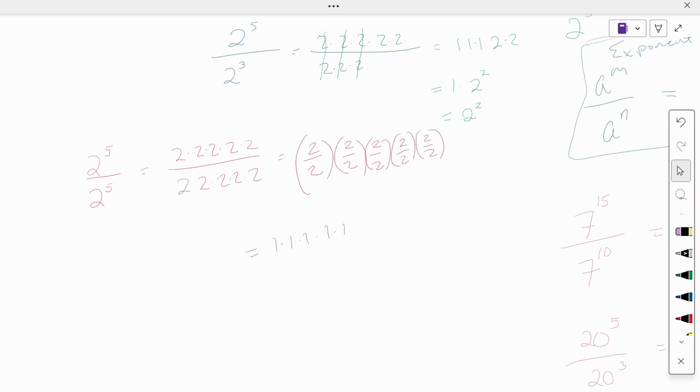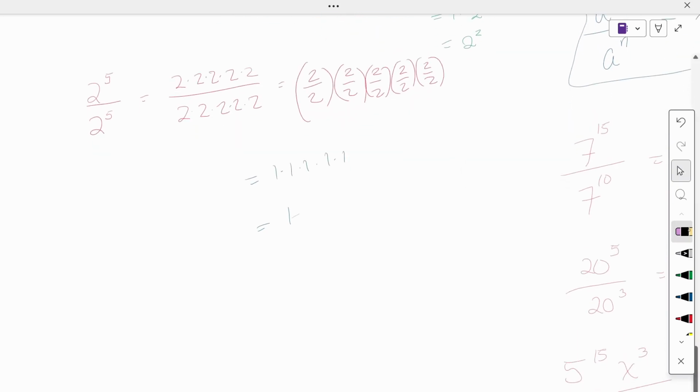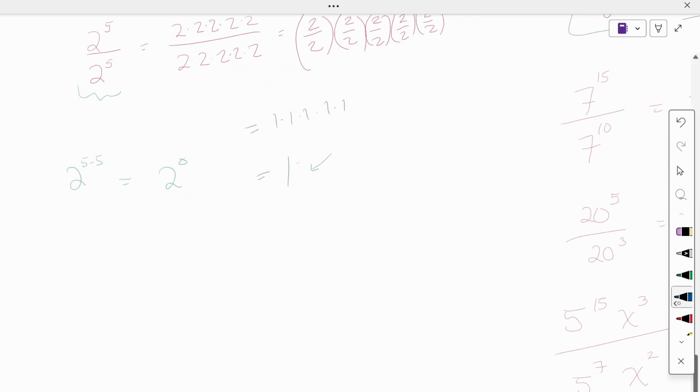So now we have a bunch of 1's, and 1 times 1 just gives you 1. So a sequence of 1's multiplied by themselves is just going to give you 1. But here's the deal. By the exponent subtraction law, you had 2 to the 5 minus 5, or 2 to the 0 power, and that gave you 1. So another interesting result that we're going to say in this particular lesson is the exponent 0 law.